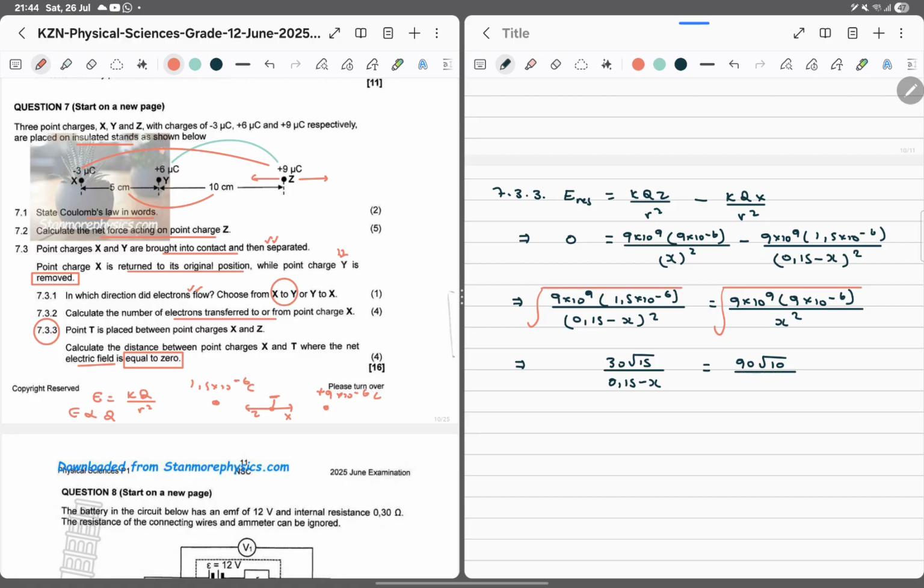90 root 10 divided by x. You see, this one comes out nicely. So we just cross multiply now.